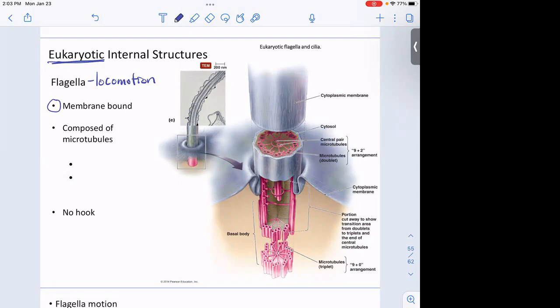Good. Okay, so that's one exception, but for the eukaryotes, they're enclosed in a membrane and they're composed of microtubules. So the bacteria were made of the protein flagellin. Microtubules are composed of tubulin.